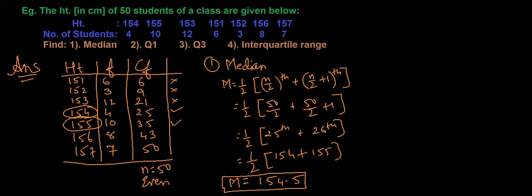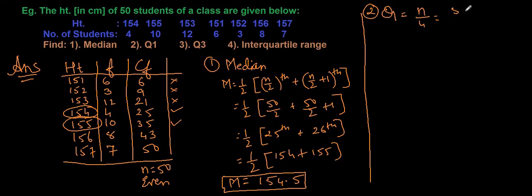Now what we have to do? We have to find out Q1. Number 2, that means you have to find out Q1. Q1 is the lower quartile. Lower quartile is equal to N upon 4, is equal to 50 upon 4, that is the 12.5th observation, which is approximately the 13th observation.